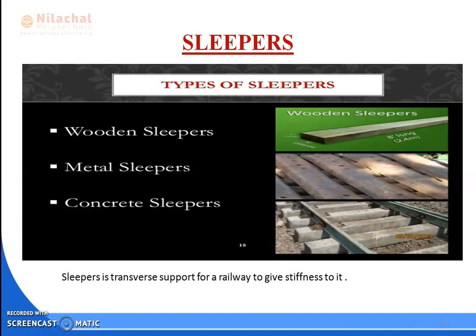So in this sequence, the train load will be distributed to the total permanent way. That's why the slipper is a main component of your railway track.